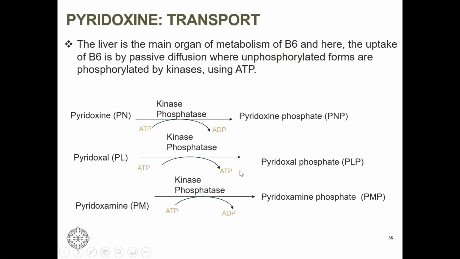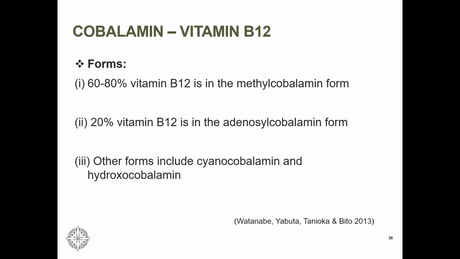There is a mistake here, sorry, it should be ADP here. One phosphate molecule is lost and pyridoxal is converted to pyridoxal phosphate, and we have kinase enzymes acting here. Okay, so remember its active form, pyridoxal phosphate.